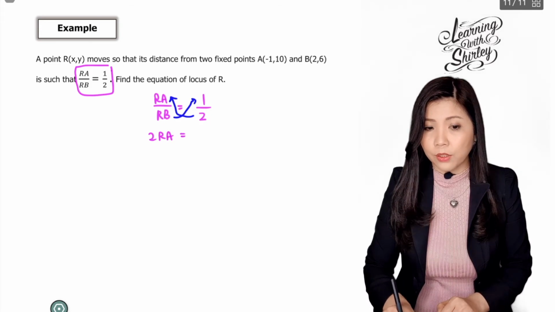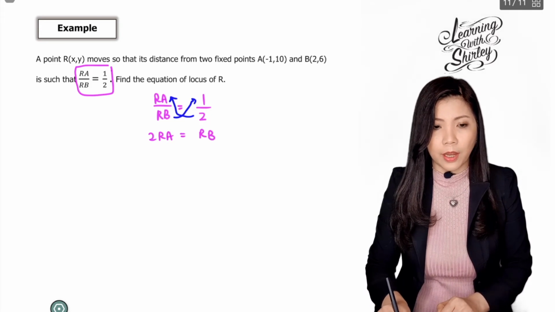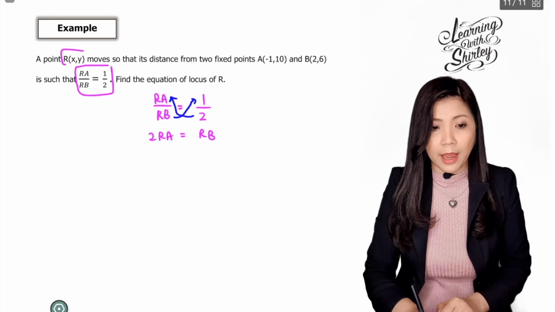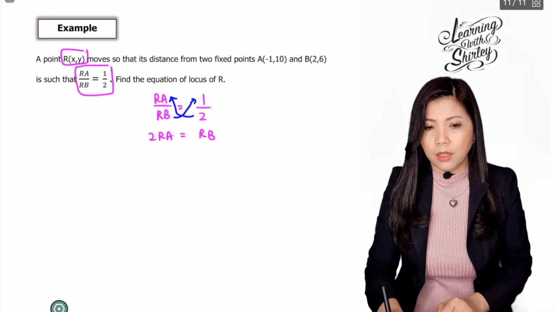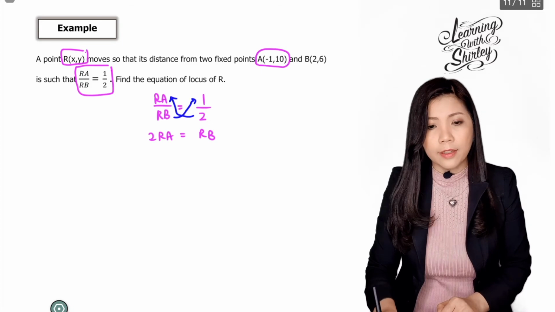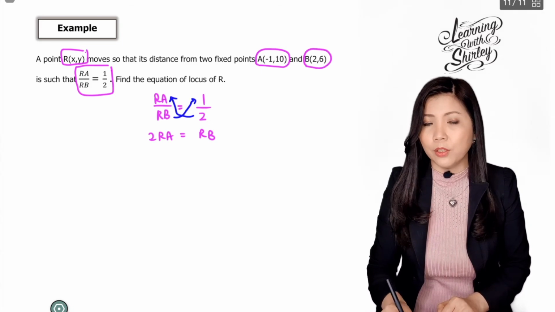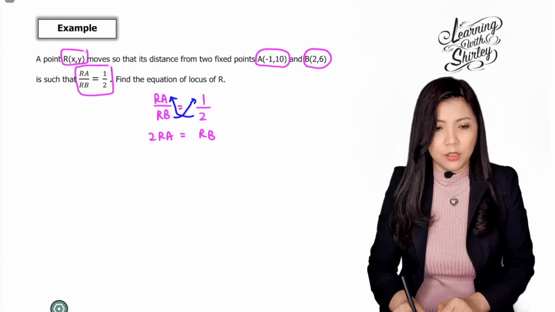So we'll get 2RA equals RB. Let R be (x, y) over here, and then we have to use the coordinates of A and the coordinates of B and put them into the distance formula.